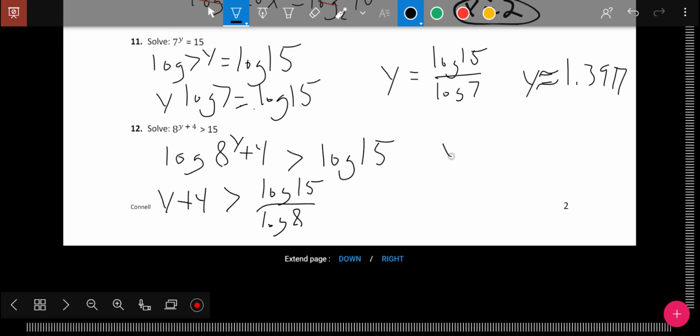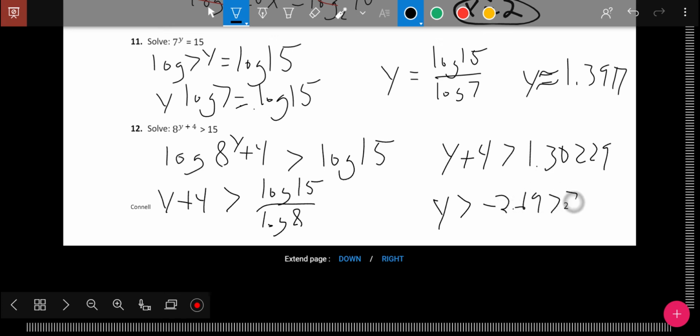Again, I'm just going to take my calculator and do the work. I get about 1.30229. I minus the 4 over. I get y is greater than negative 2.6977.